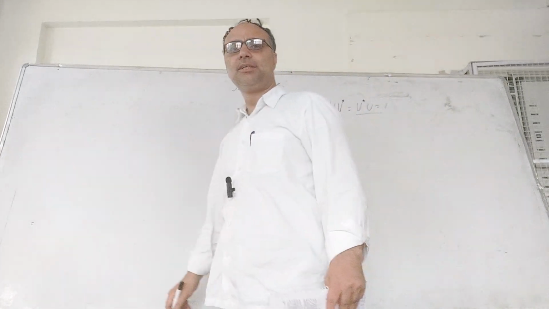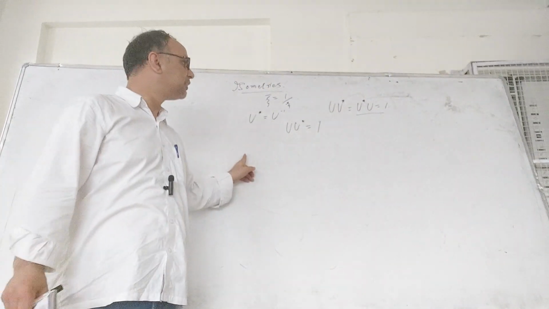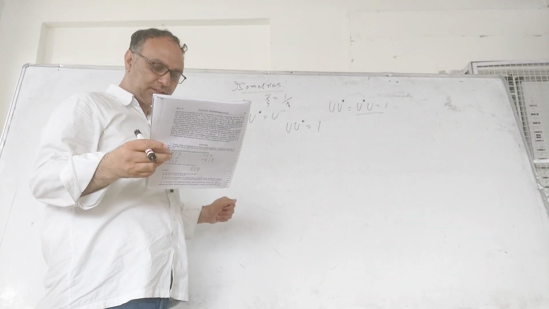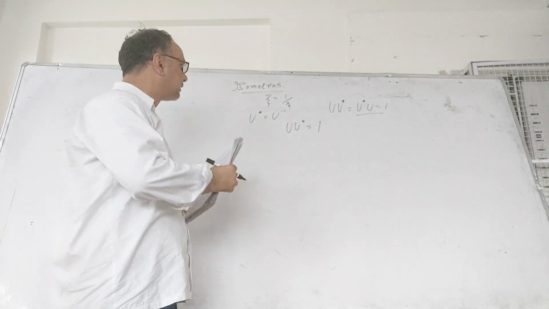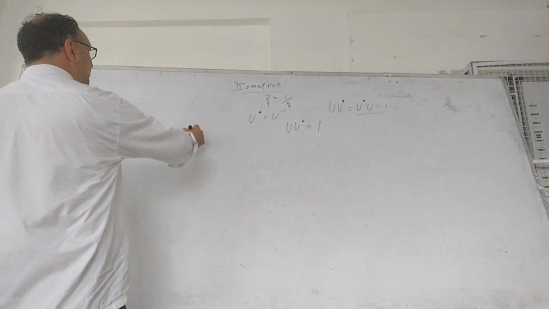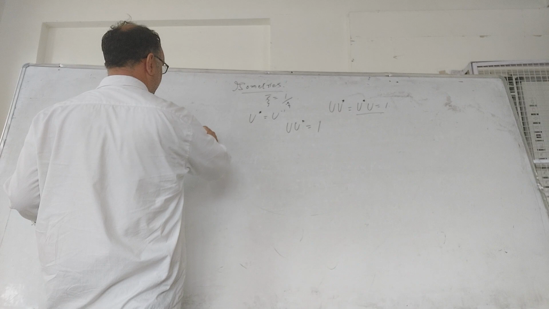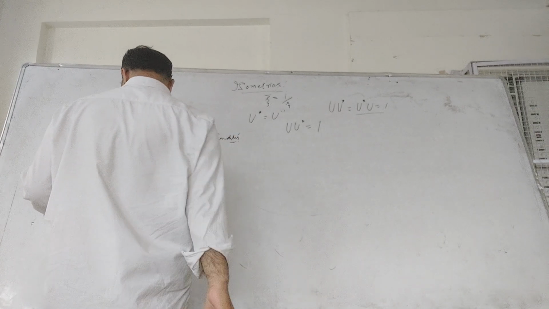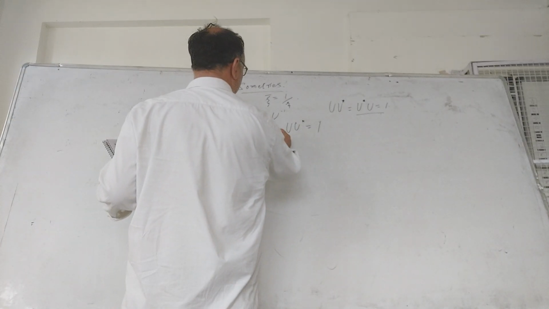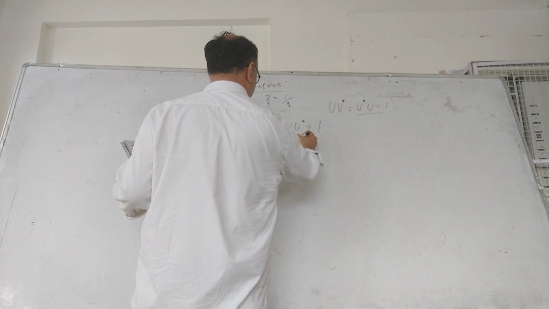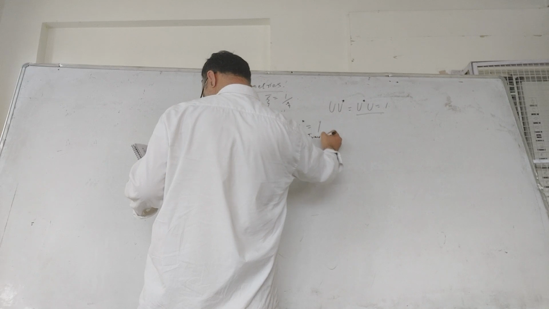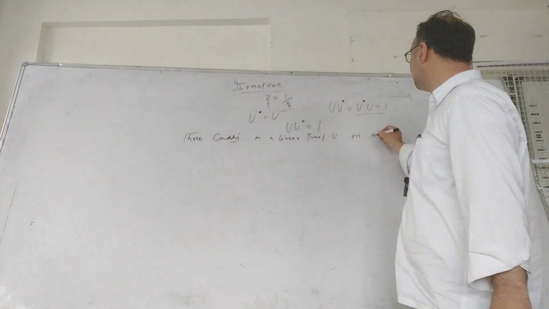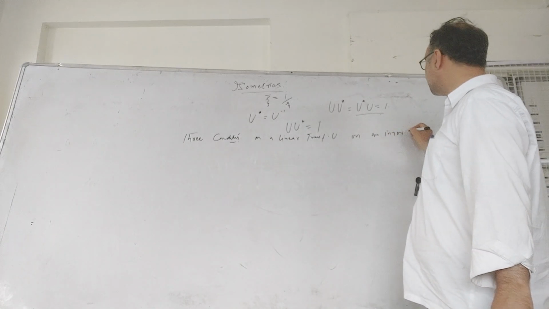So we are doing the same thing within the context of the linear transformations and how we have unitary transformations in that context. So there are three conditions to that effect. Three conditions on a linear transformation U on an inner product space.